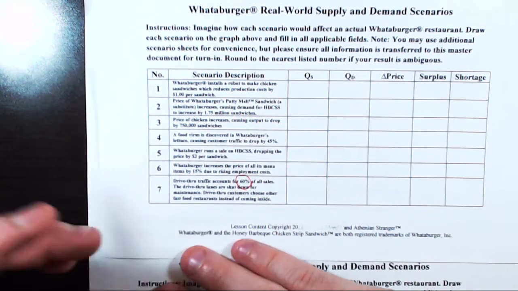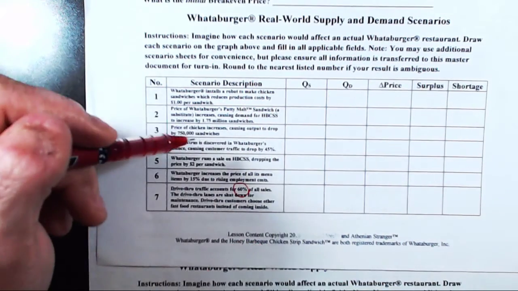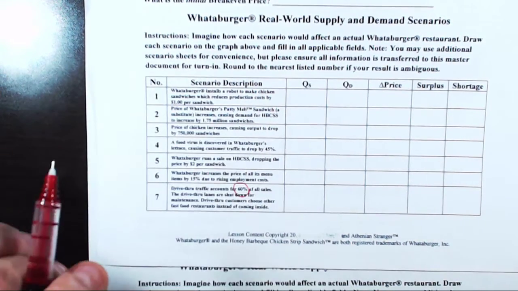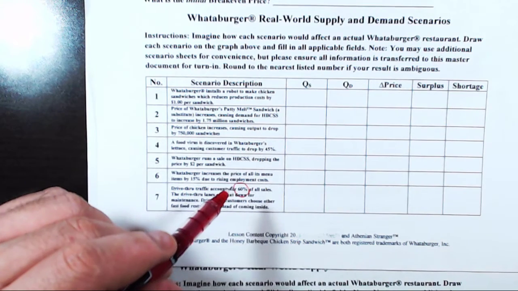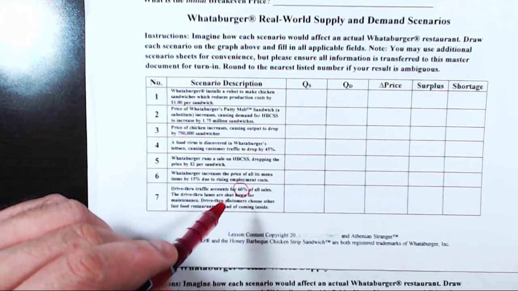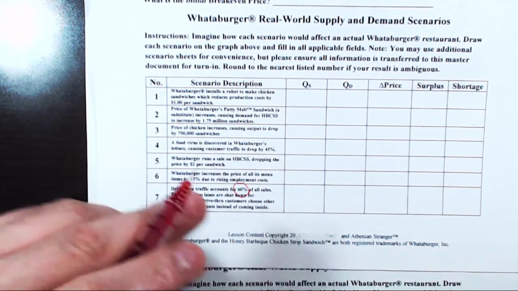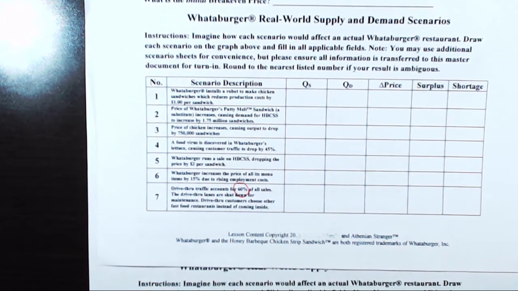You know, they don't go to Whataburger. Because if you're in the drive-through lane, you're there for a reason. You don't want to go inside the restaurant. So if the drive-through lane is closed, we're assuming that 100% of the people that would have purchased sandwiches at Whataburger are going to leave and go to McDonald's or Taco Bell or Arby's or KFC or Chicken Express or some other restaurant.